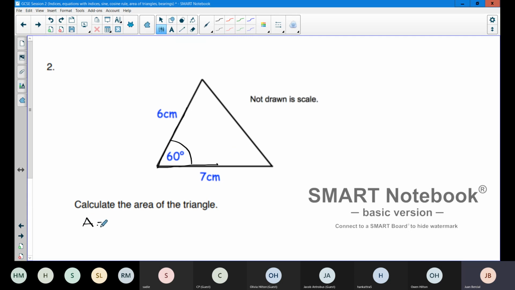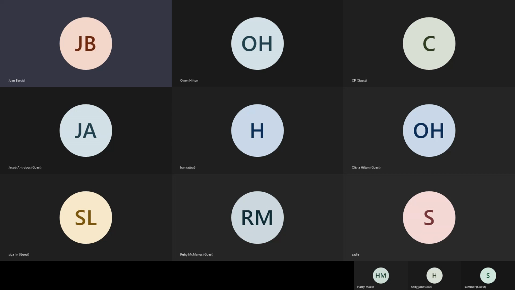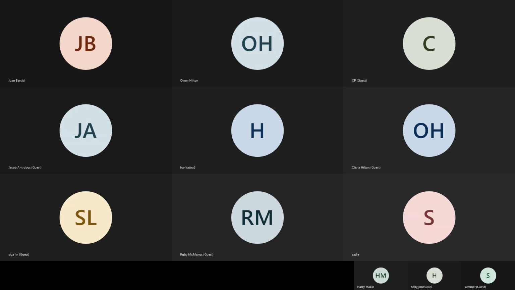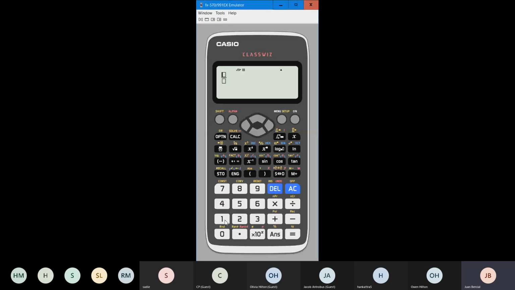So the area is a half times 6 times 7 sine of 60. And again, we just go into the calculator. It's amazing, these machines, you can just write it like that.